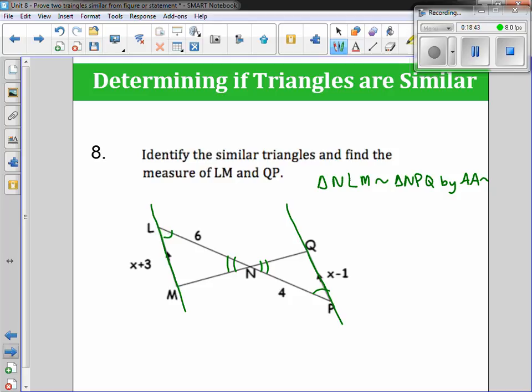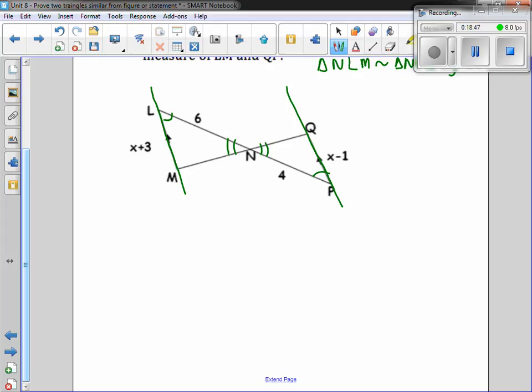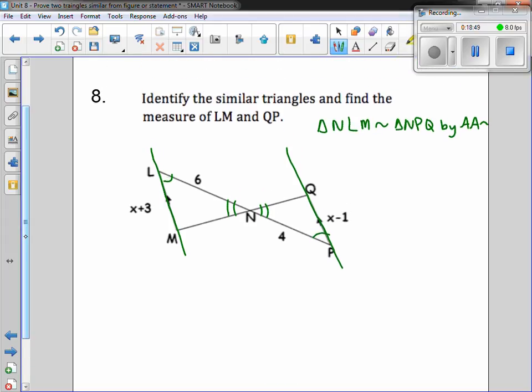So I can set up a proportion to solve for my missing values. 6 compared to 4 is equal to x plus 3 compared to x minus 1. So 6 times x minus 1 is equal to 4 times x plus 3. 6x minus 6 is equal to 4x plus 12.